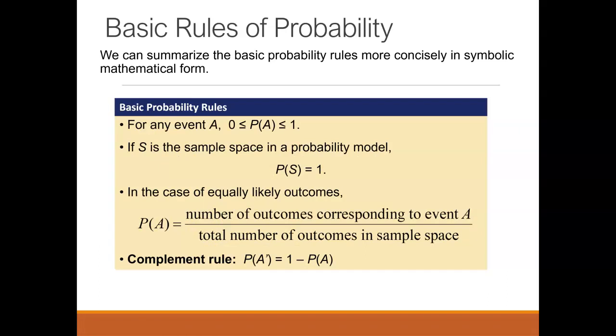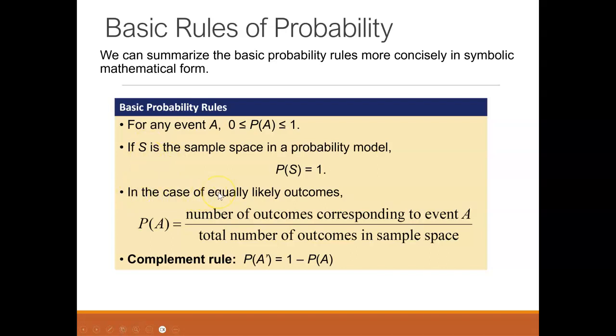So in summary, if we want to write this more mathematically, for any event A, P of A is between 0 and 1. If S is the sample space, the probability of the sample space should be 1. The sample space, again, contains all possible outcomes.